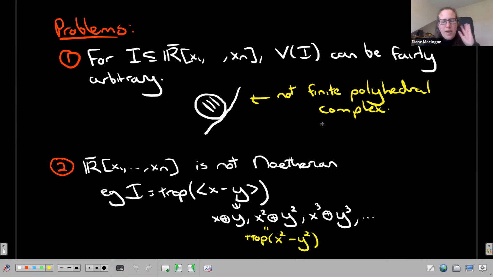Okay, so that's one problem, and that's a problem from my perspective. Everything that's made tropical geometry successful over the last 20 years, I think, has hinged on the fact that we've turned these hard algebraic geometry problems into still sometimes hard, but at least more tractable polyhedral combinatorics problems. And so if you don't turn it into a combinatorial problem, at best you're in a different field, and you're throwing away most of the tools that have been successful. So that's a problem.